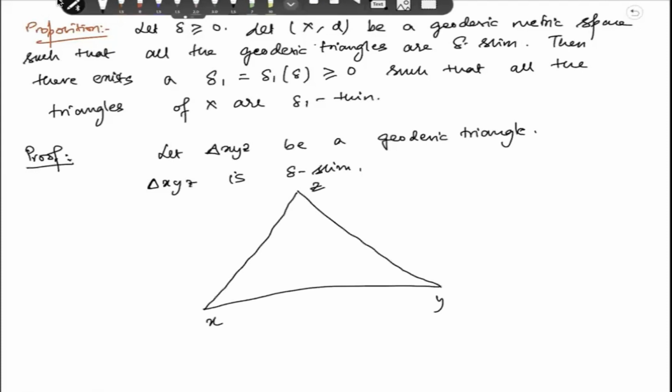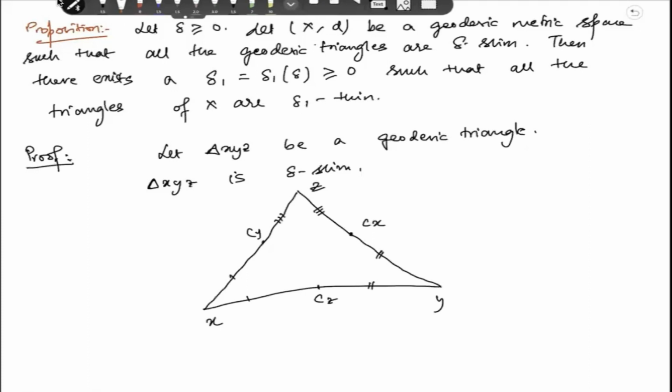Again, you can split this triangle as we have done earlier. So you'll get these points CZ, CY, CX. The distance between X and CY is the same as the distance between X and CZ. The distance between Y and CZ is the same as the distance between Y and CX. And the distance between Z and CY is the same as the distance between Z and CX.